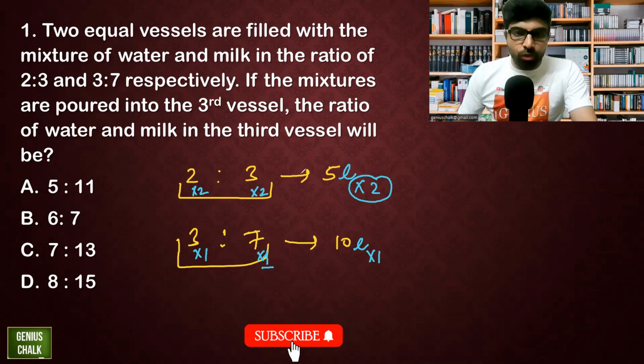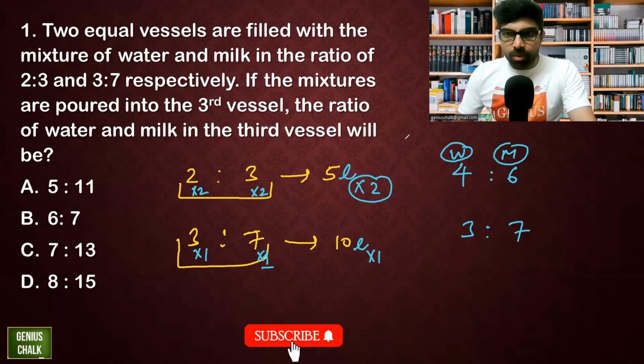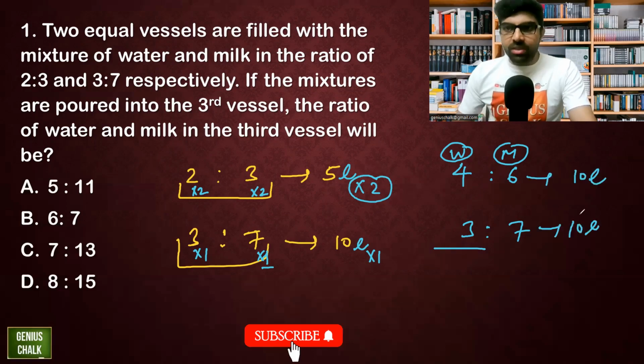Now what is the new ratio we have? That is 4:6, and the other one 3:7, where this is water and this is milk. Now we have the same quantity: 10 liters in the first vessel, 10 liters in the second vessel.